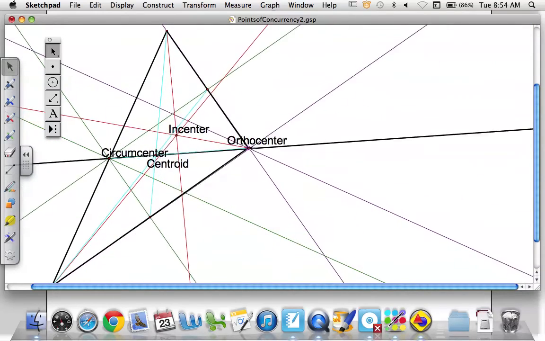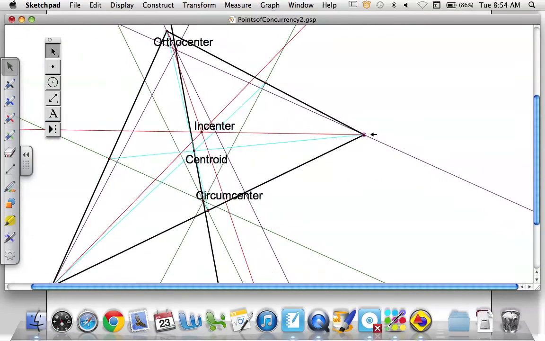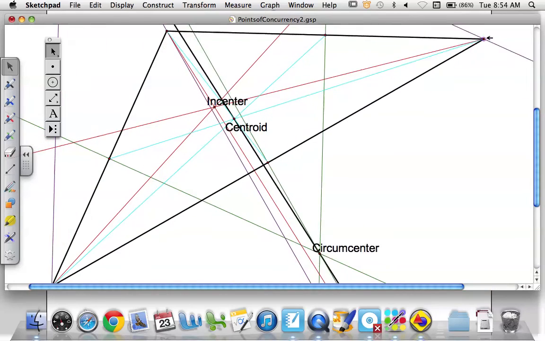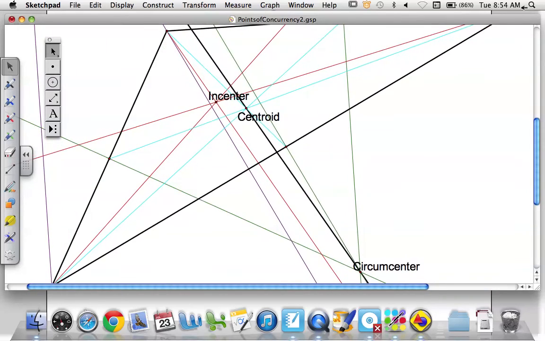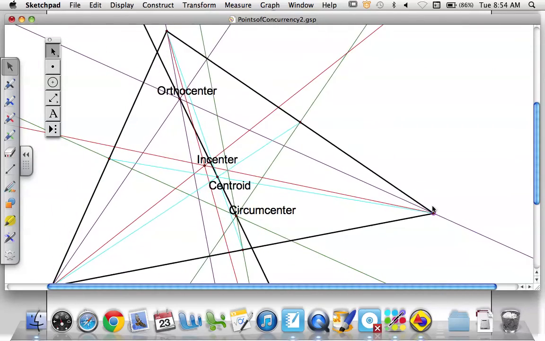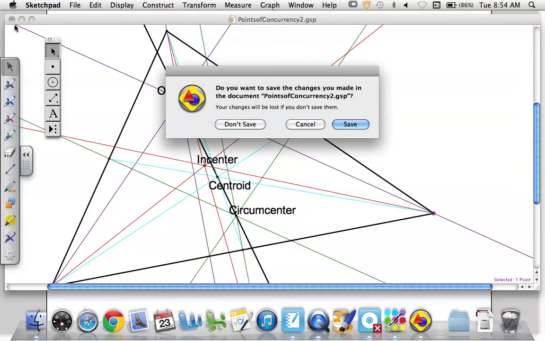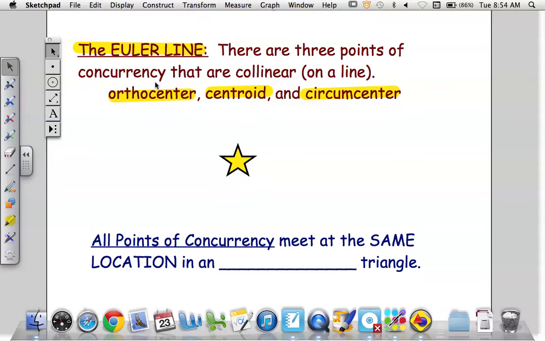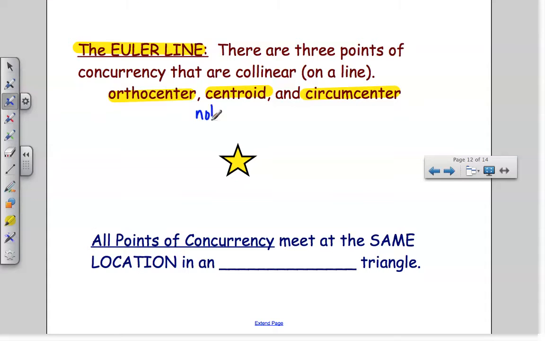Incenter, again, is not on that line, but the other 3 always are. I can bring the orthocenter and circumcenter outside, still going through the centroid. Incenter is the only one that is not on that line, always. It's kind of neat. The Euler line there has 3 of those points. It's just not the incenter on that line.